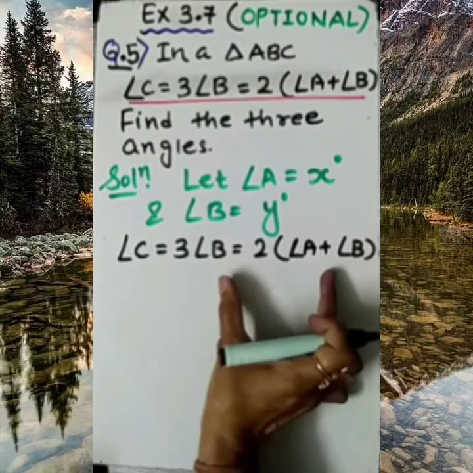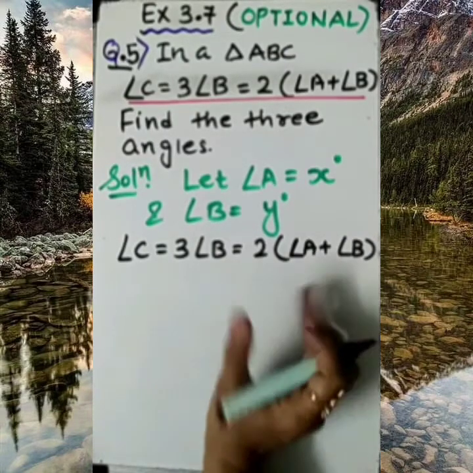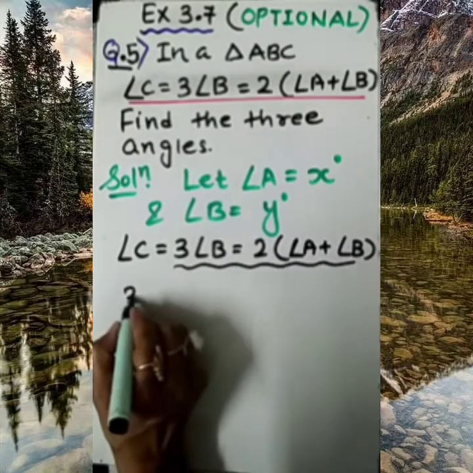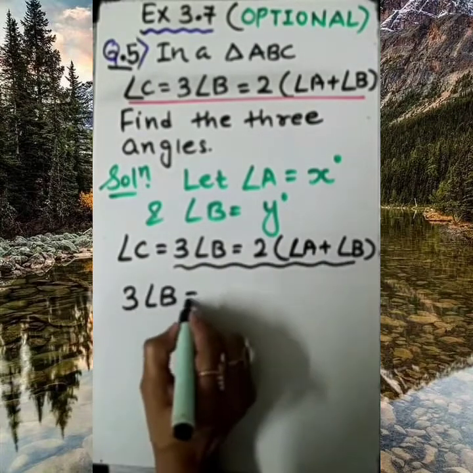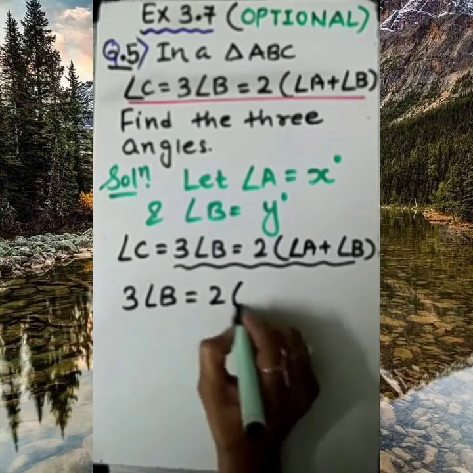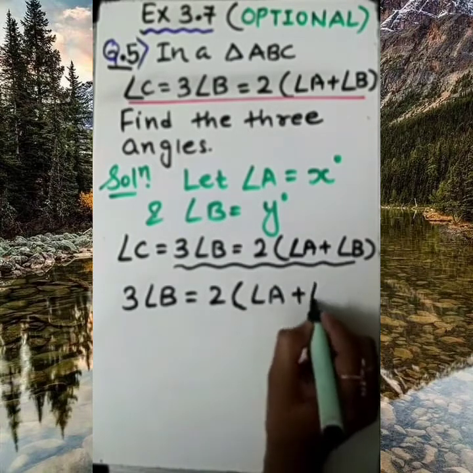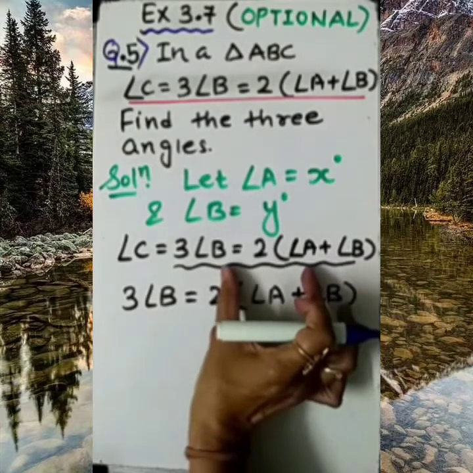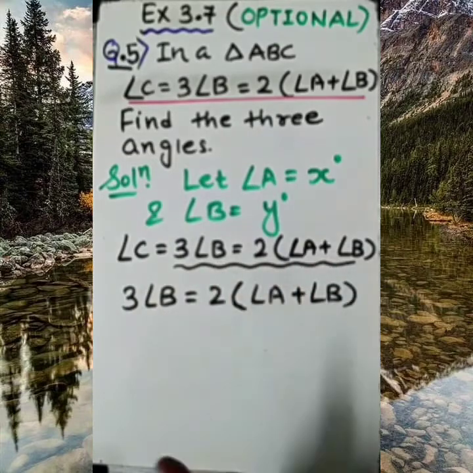Means this equal to this I am choosing, because we can compare these two first. So what do I have? 3 angle B equal to 2 times (angle A plus angle B). So far I have not done any changes. Only and only I am working upon these two equations. This equal to this equal to this.